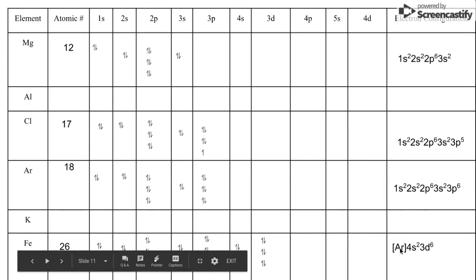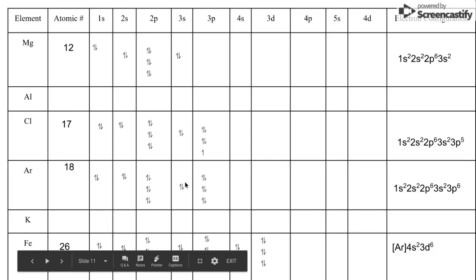What this is saying is that everything in those brackets represents the electron configuration for argon. But instead of writing it out, I'm just going to put argon in brackets. Then I'm just going to do the electron configuration that comes after. So iron, sorry about this bar coming up, I can't seem to get it to go off.